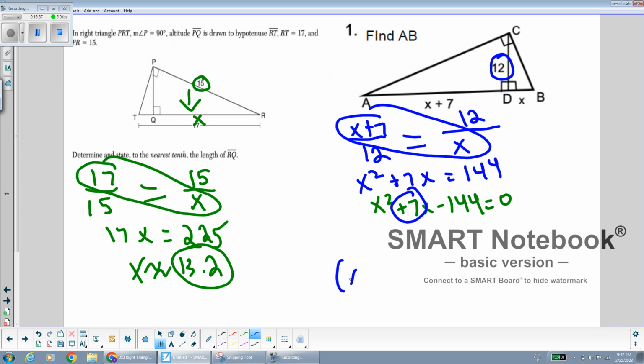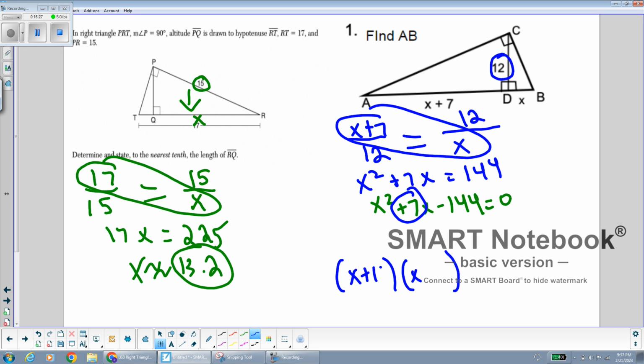I'm looking for two factors of negative 144 that add up to give me positive 7. So let me write down my parentheses and let me find my factors of negative 144. I'm getting 16 and 9. So 16 would have to be positive and 9 would have to be negative. And that works. 16 minus 9 is positive 7.